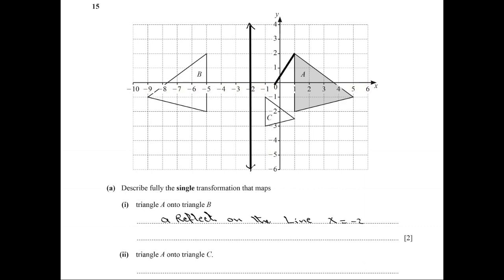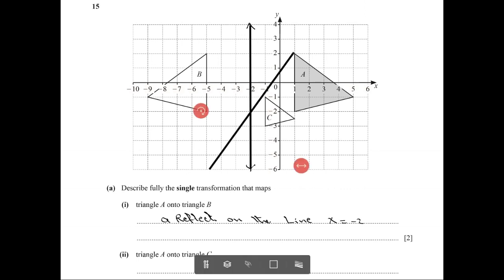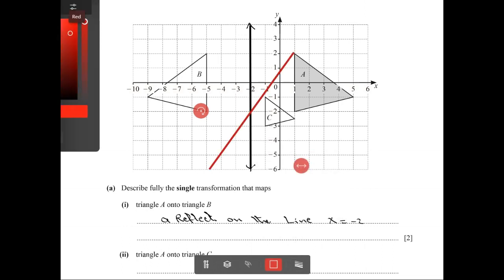We have to join this vertex with this one, and in the same way, we have to join this vertex with this one, and you can see that the two lines intersect at the same point.